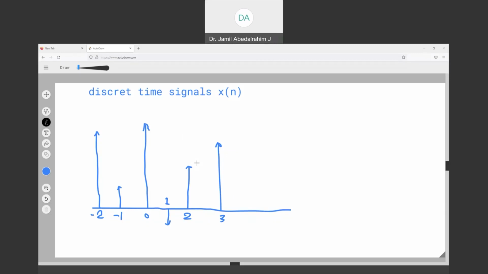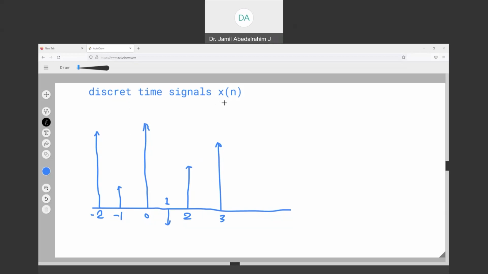That's why we need to study and understand what the discrete signal is and its types. How can we work with it? Does it have properties? Is there transformation? So we need to understand it so that we can input these signals into the devices and deal with them in the appropriate way. So here, discrete time signal, x of n.